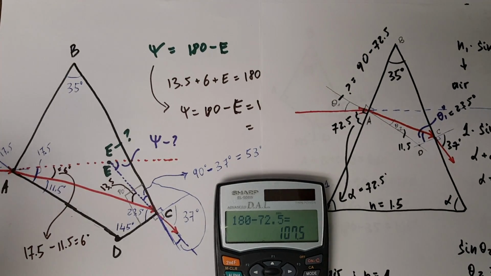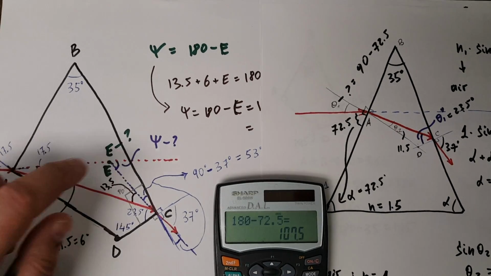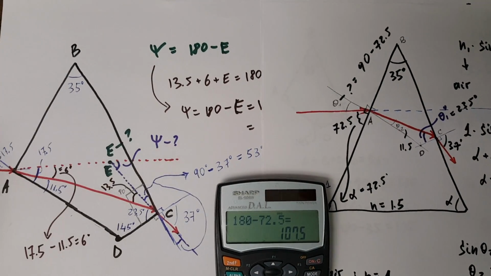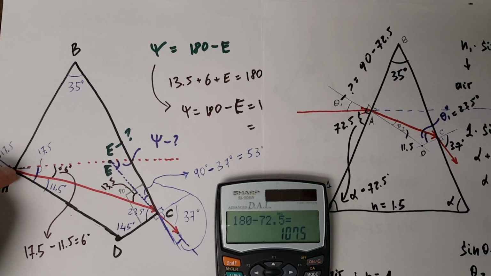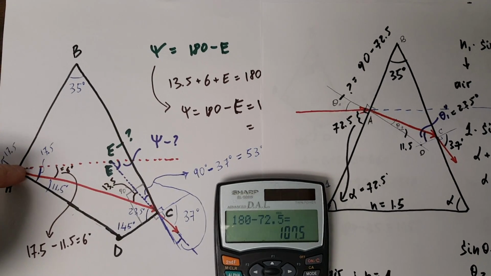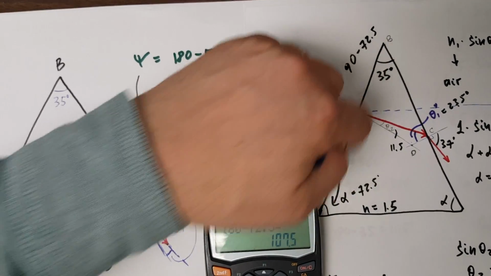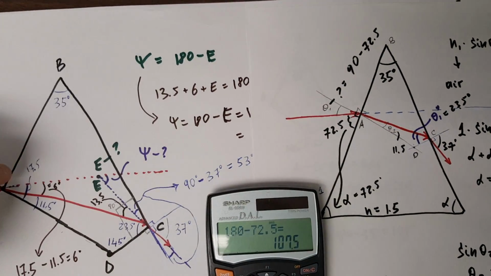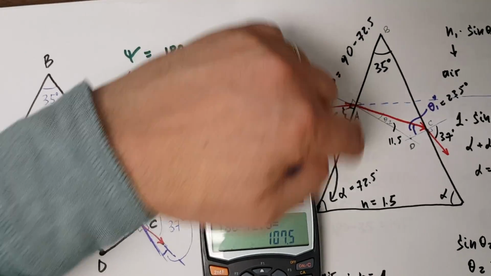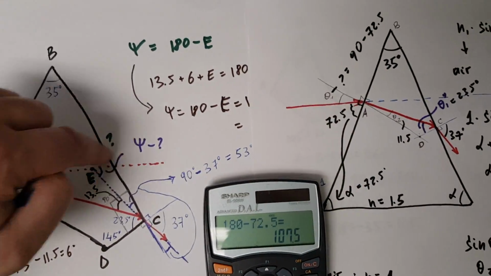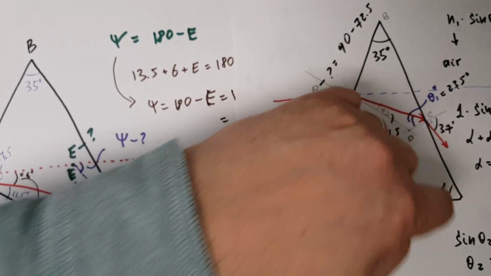And finally, a much faster way of calculating the angle of deflection. If we look at this picture, this triangle is a smaller part of the large triangle. This angle is this angle, which is equal to this angle. This angle is this angle, which is equal to this angle.